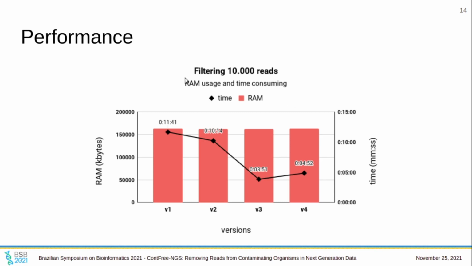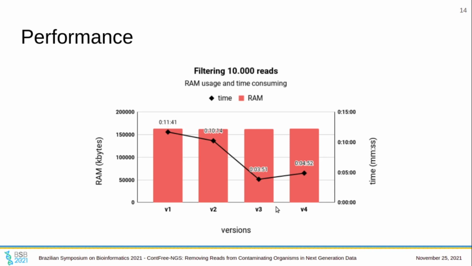And that is the runtime and resource usage to filter 10,000 reads. As you can see here, versions 1 and 2 take 11 minutes to filter 10,000 reads, and versions 3 and 4 take only 4 and 3 minutes.